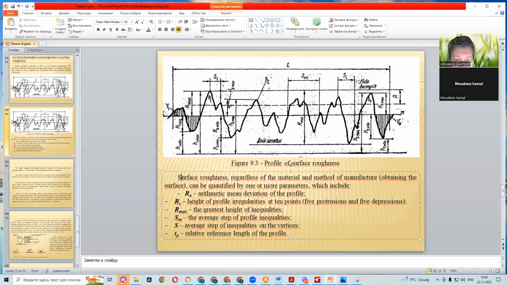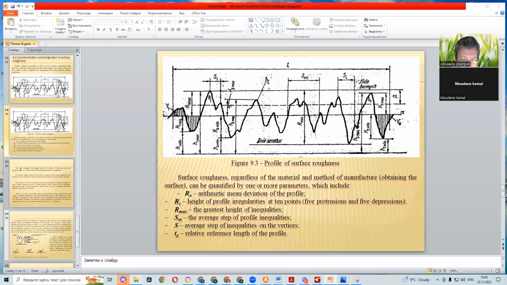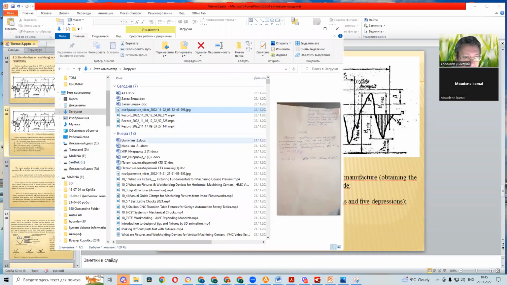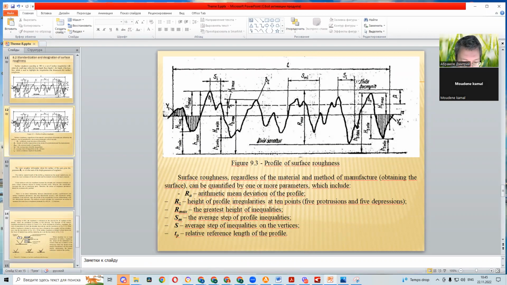Please write down to your notes these parameters: Ra, Rz, Rmax, Sm, S, and Tp. And now we can look at the next video about roughness.